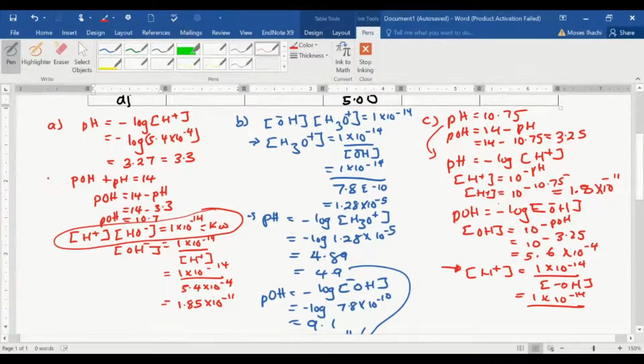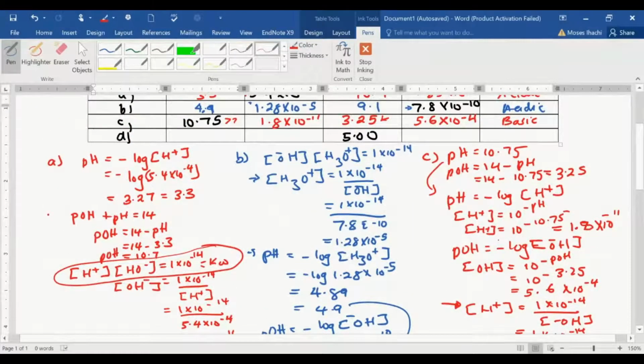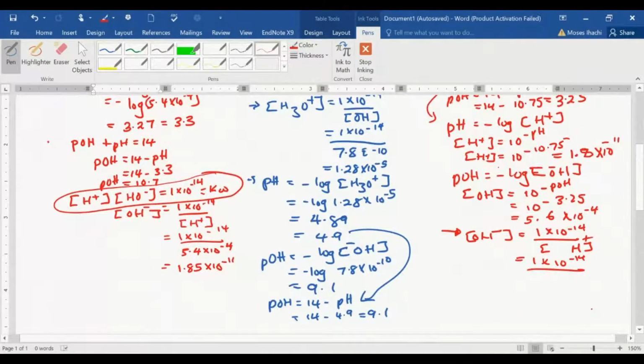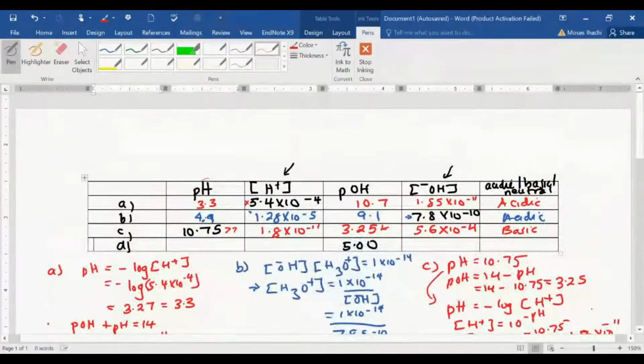The concentration of the acid in our table is 1.8 times 10 to the power minus 11.